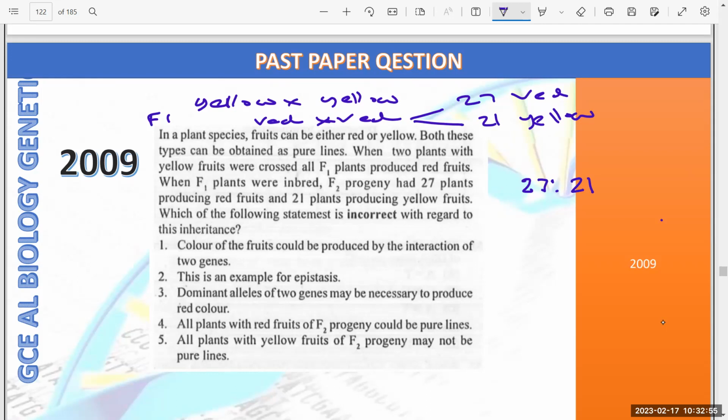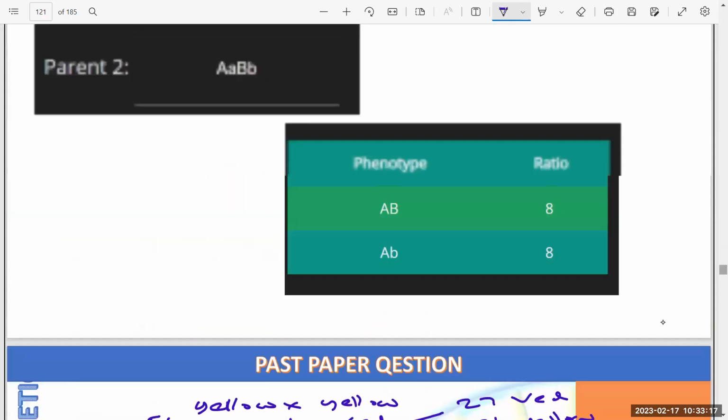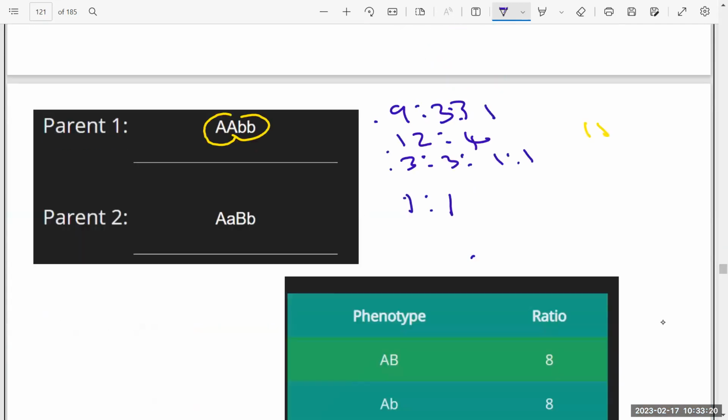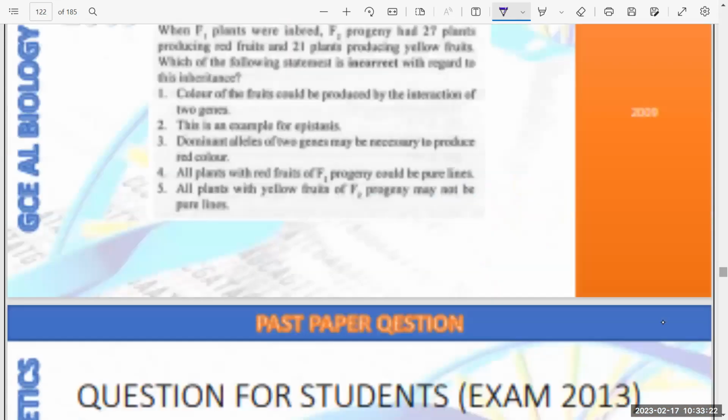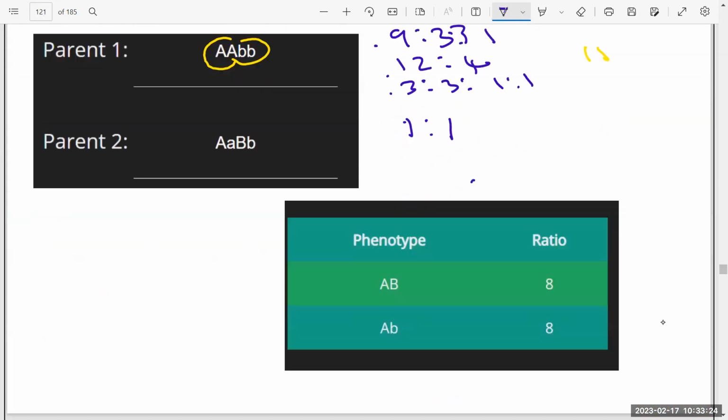Do you find these ratios fitting Mendelian genetics? No. I think in Mendelian genetics, we learn that at least 1:1 is coming. Here 1:1 is coming, 8 and 8, if we cross a homozygous condition with a heterozygous.